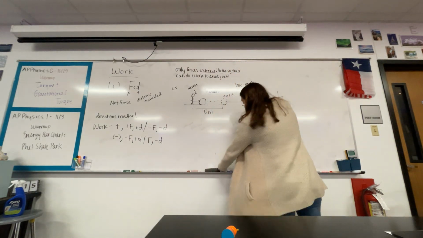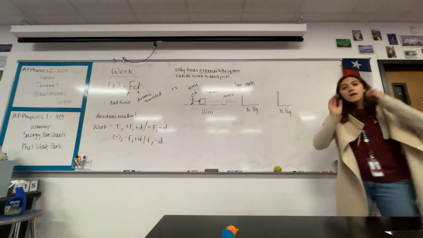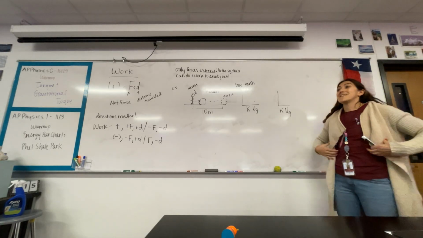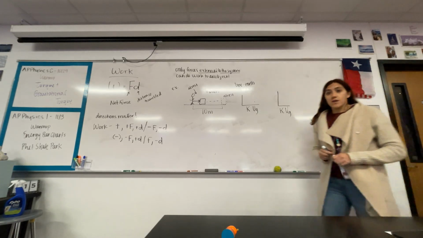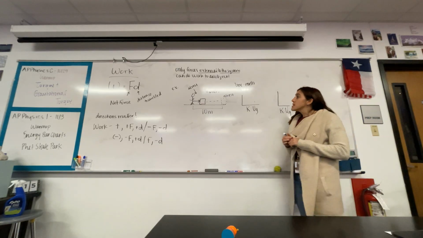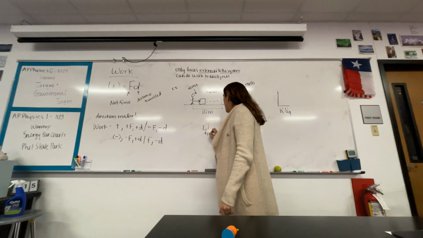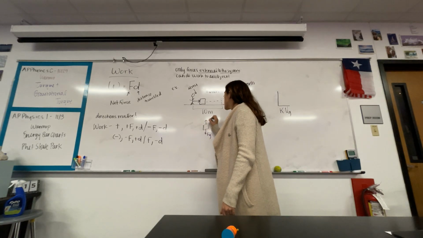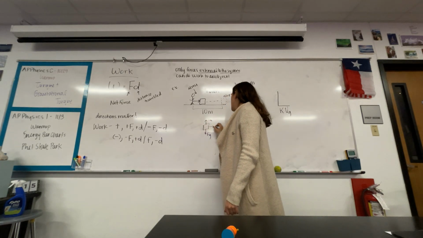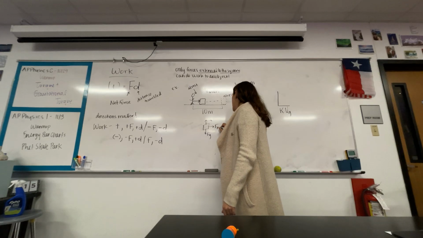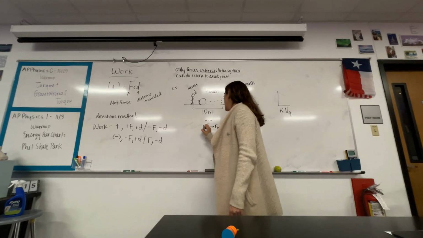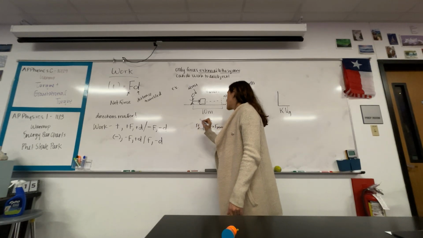So, at the beginning and the end, this object has no energy. So what happened? Well, clearly, my F_G and F_N are balanced. I have F_person and F_friction.